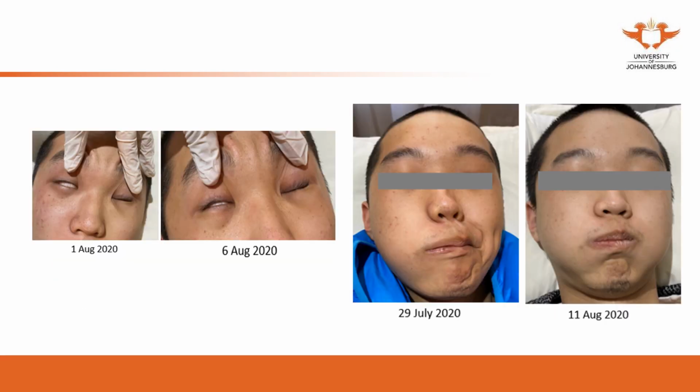The force of the eye is after the treatment. When you see the recovery, you see the deviation. Also the mouth, the deviation of the mouth.